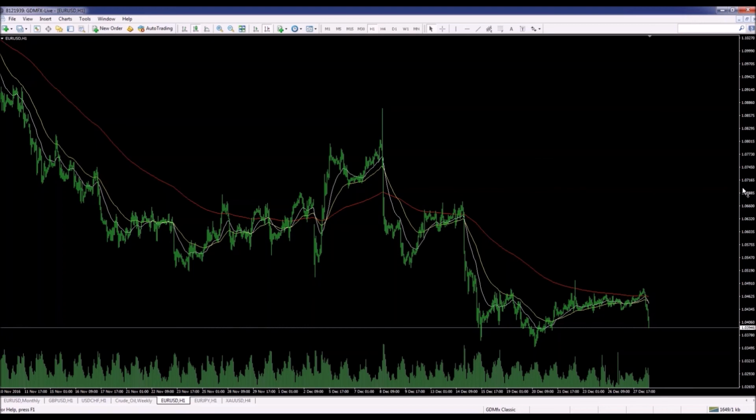The whole idea today was to show you, in some of the instruments that we usually trade, where we are right now, what has happened on the market, and what moves the market made. As you can see, all that we predicted, or technically and fundamentally assessed, has already happened.